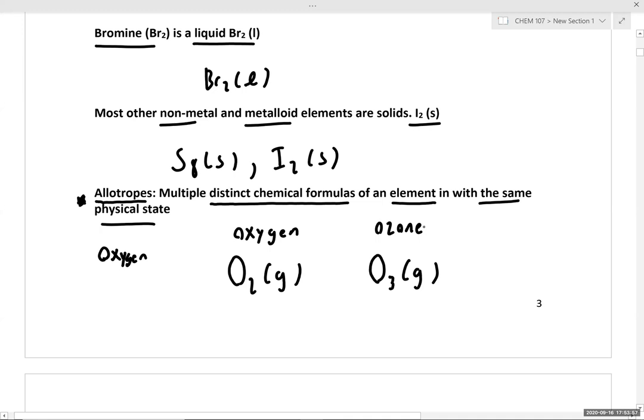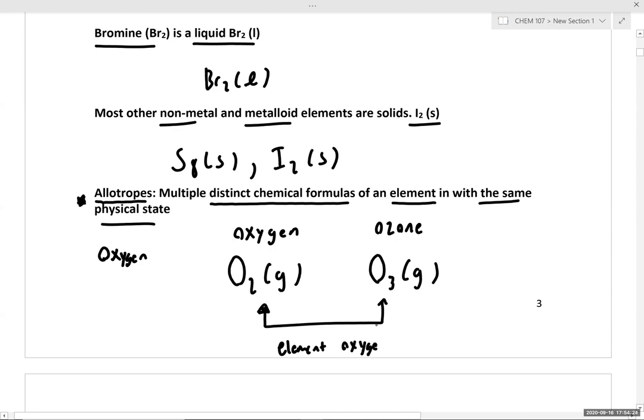And you certainly can't breathe ozone. It's quite a reactive molecule. And you can commonly notice the presence of ozone via this almost musty smell during a thunderstorm, etc. So as we notice, both of these species represent the element of oxygen.